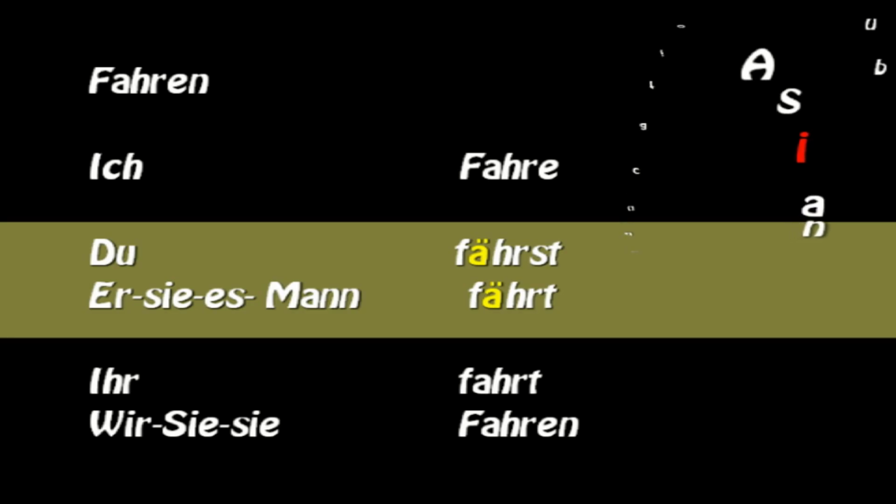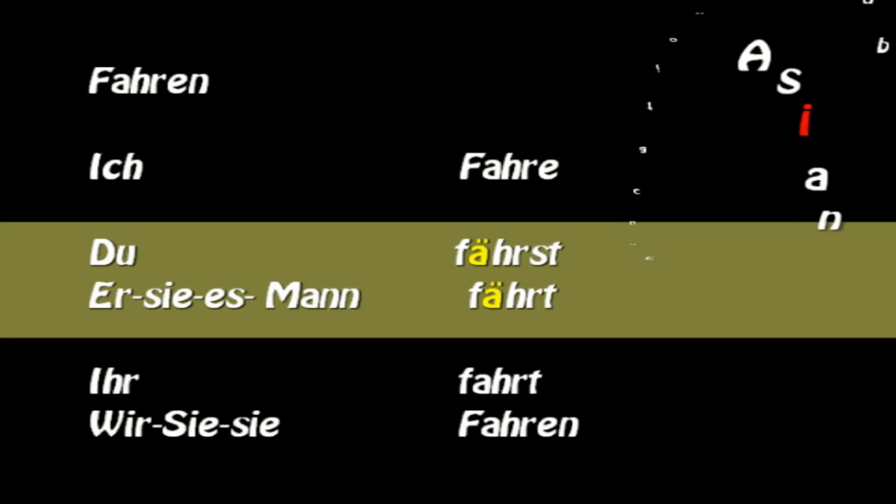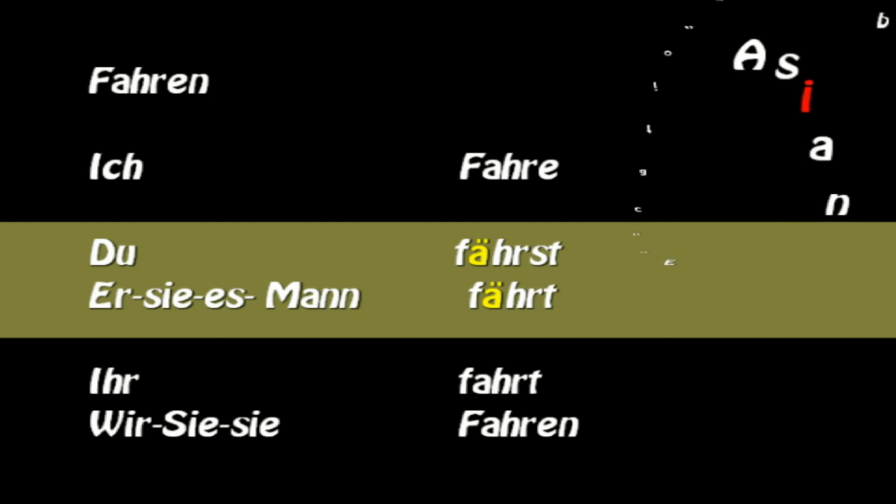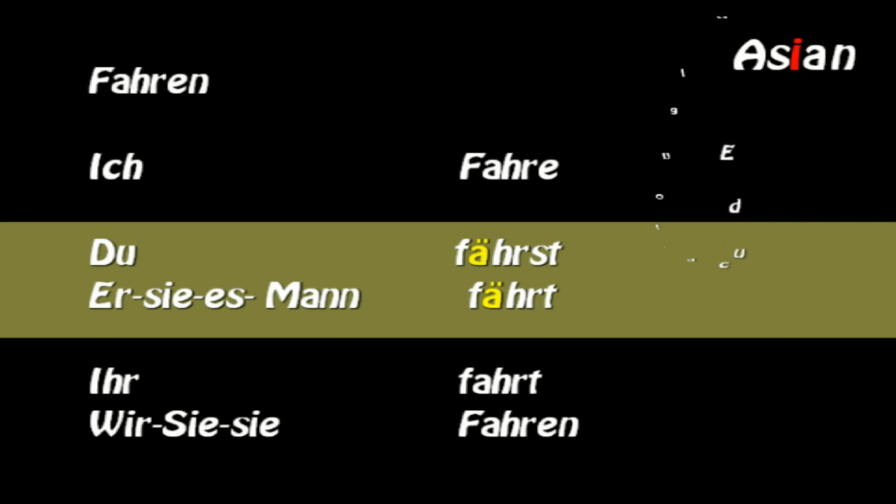Let us see first the conjugation of fahren. Ich fahre, du fährst, sie/es/man fährt, ihr fahrt, sie fahren. So here we have replaced a with ä in the du and sie/es/man forms, and in all other forms everything remains the same.